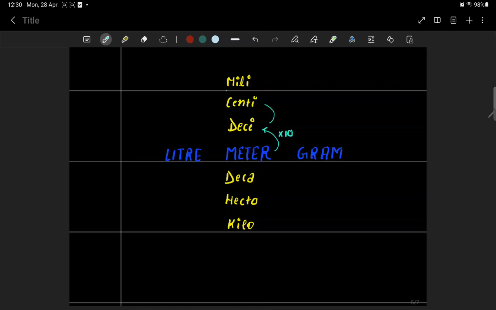And in centimeter we multiply it by 10 again, so it would be by 100. And another 10 for milli, so it will be 1000.